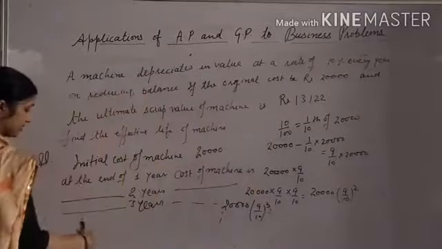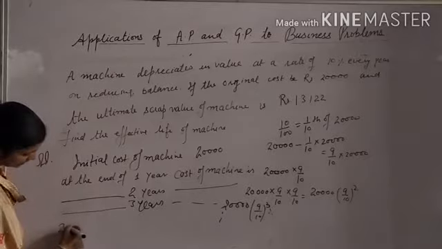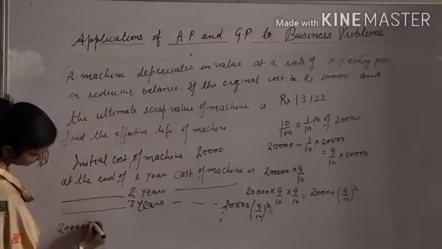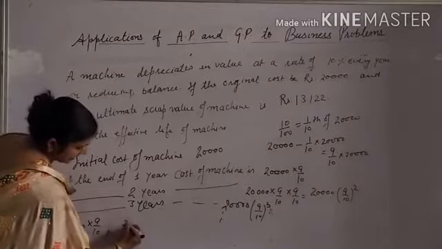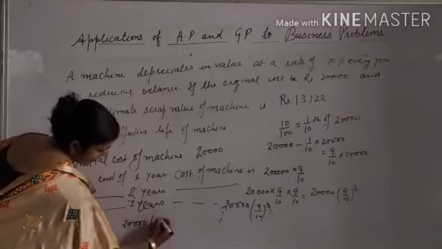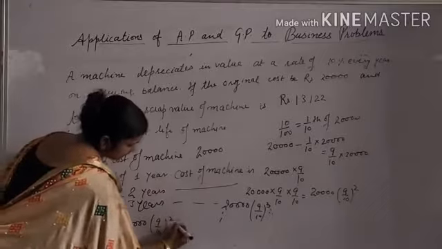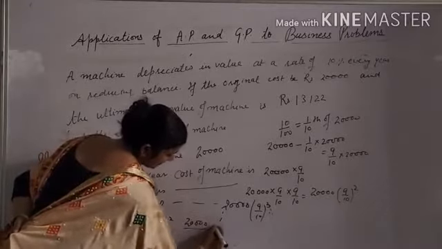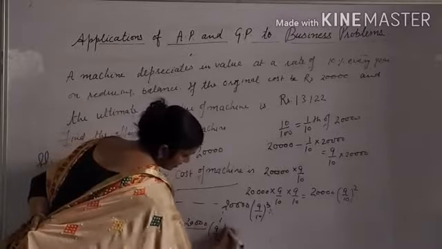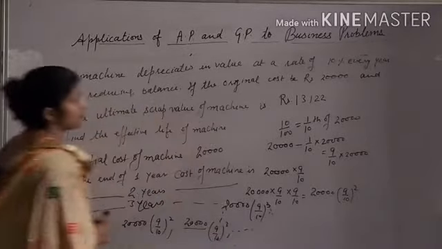So the first term is 20,000 into 9 by 10, the second term is 20,000 into (9 by 10) square, then 20,000 into (9 by 10) cube, and so on.